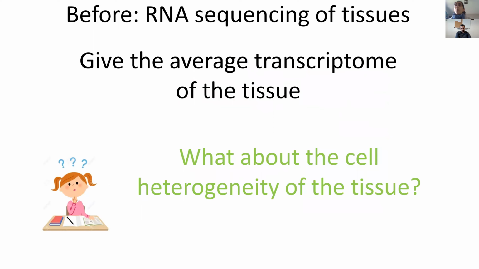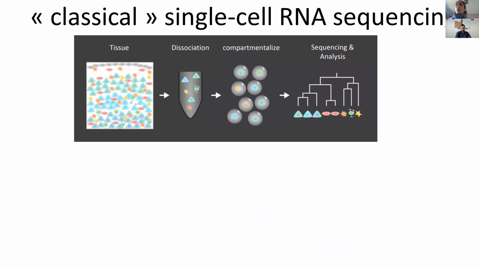This is a problem which has actually been solved in the last few years by the development of single cell transcriptomics. I would call that classical single cell transcriptomics because now I think many labs have started to do this kind of studies.